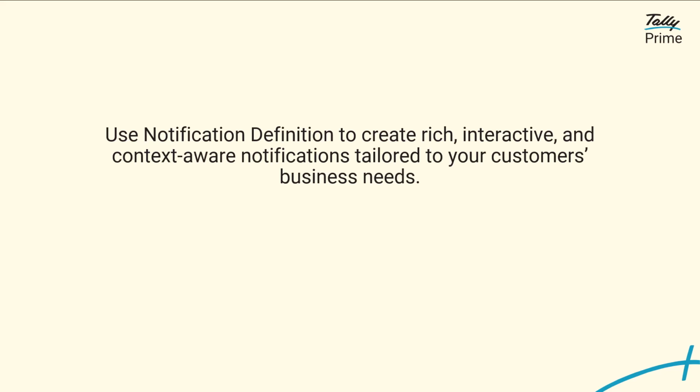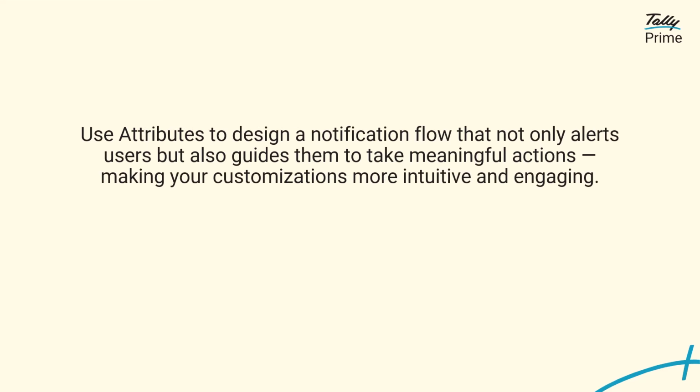And that's how the notification definition empowers you to create rich, interactive, and context-aware notifications tailored to your customers' business needs. By using these attributes together, you can design a notification flow that not only alerts users but also guides them to take meaningful actions, making your customizations more intuitive and engaging.